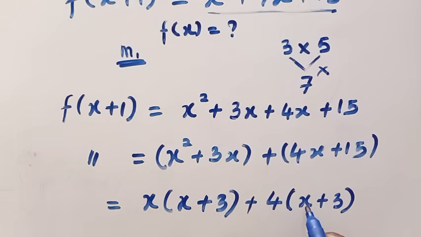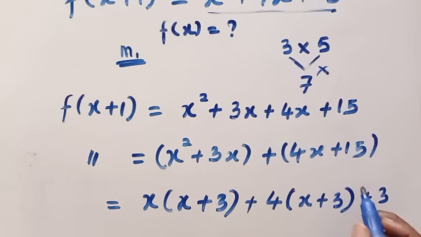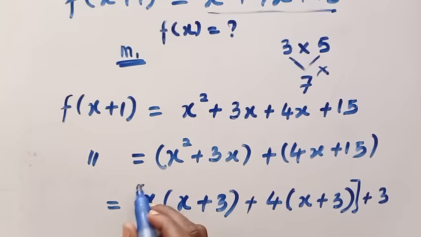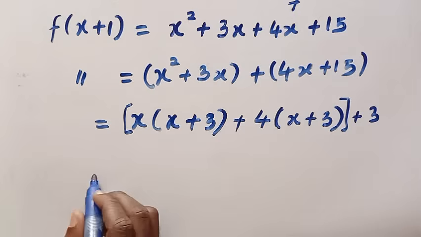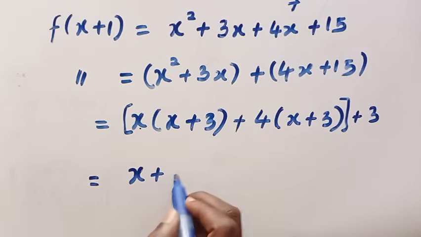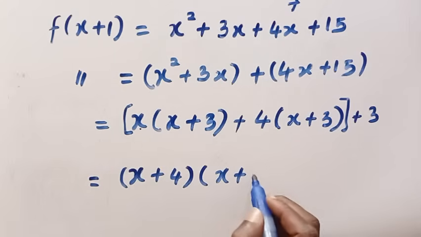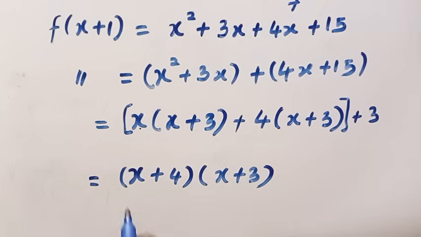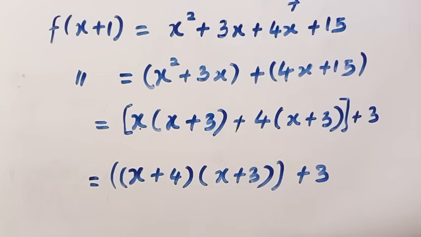So by multiplying 4 by x, we have 4x, and 4 times 3 gives us 12, which means I have to add plus 3 to this, and I'm going to bracket this. So after bracketing that, we have x and 4 combined together, and also we have x and 3. So we combine this together all in a bigger bracket, then plus 3.